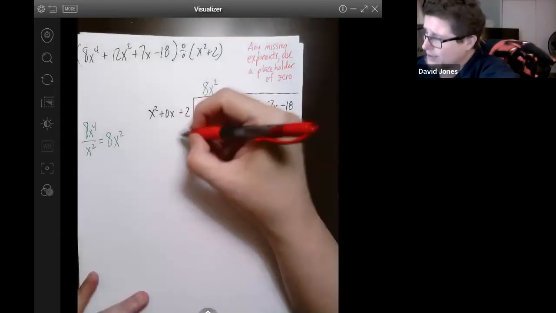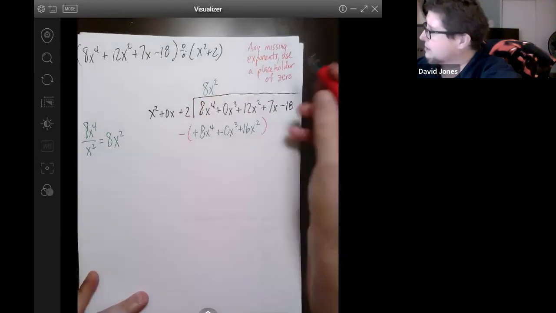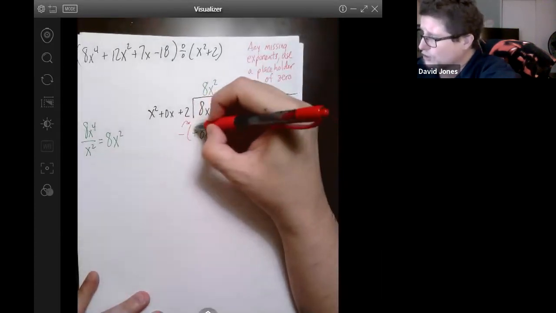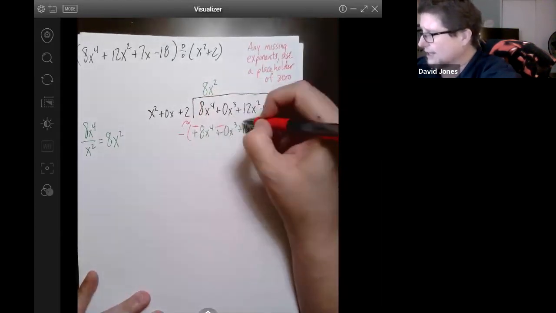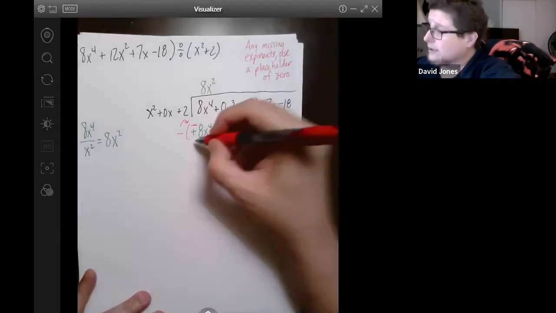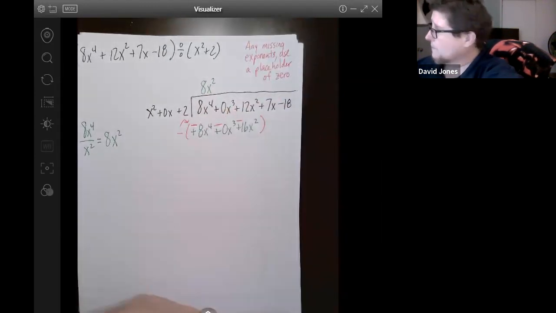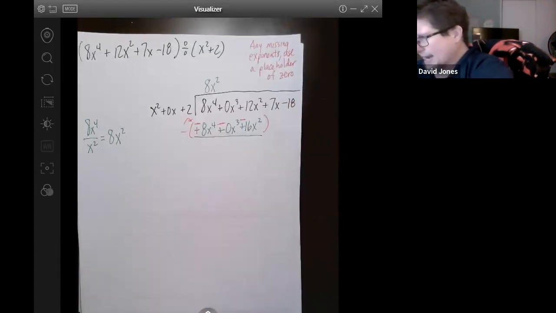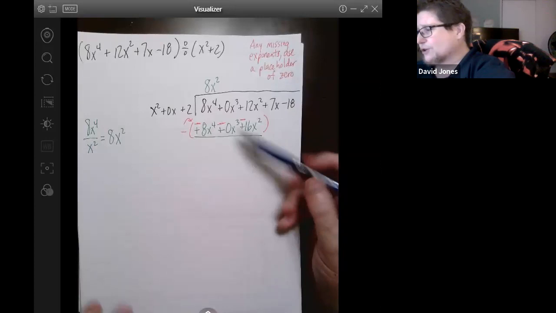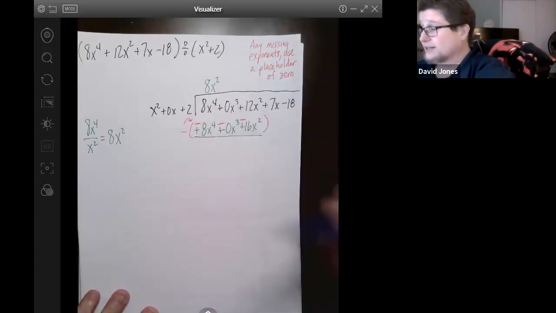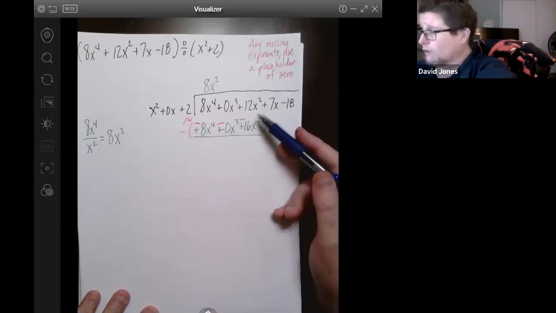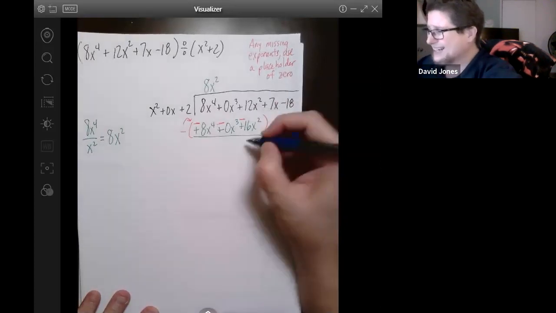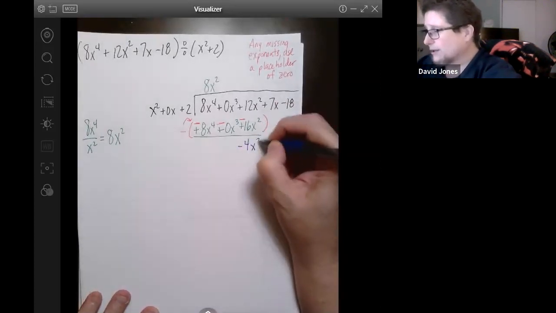Remember, at this point, we subtract. And I'm going to move that sign in and just change all the signs of everything on the inside. When I combine, the 8x to the 4th goes away. 8x to the 4th minus 8x to the 4th is 0. 0x cubed minus 0x cubed is still 0. 12x squared minus 16x squared is negative 4x squared.